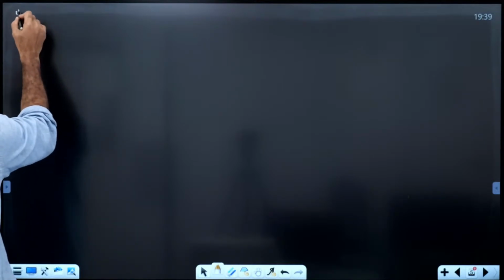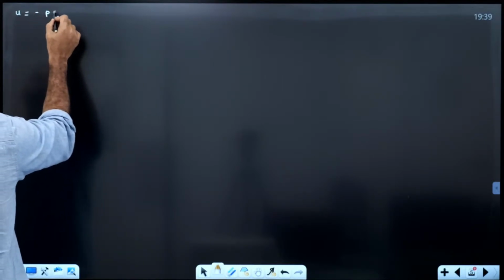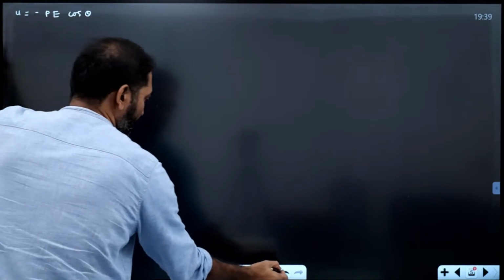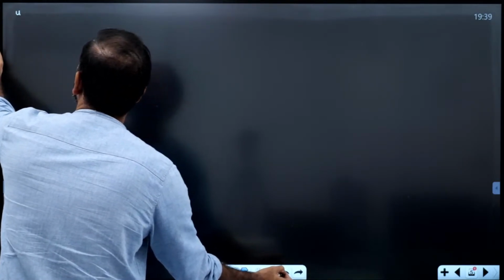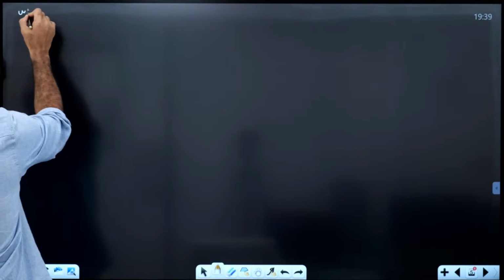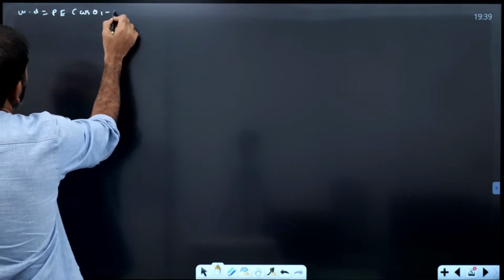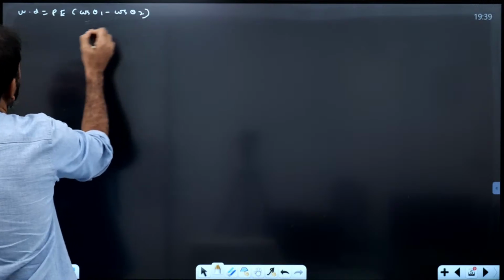So potential energy is equal to minus P cos theta in the electric case. See, work done is equal to PE (cos theta 1 minus cos theta 2). This work done is stored as potential energy.